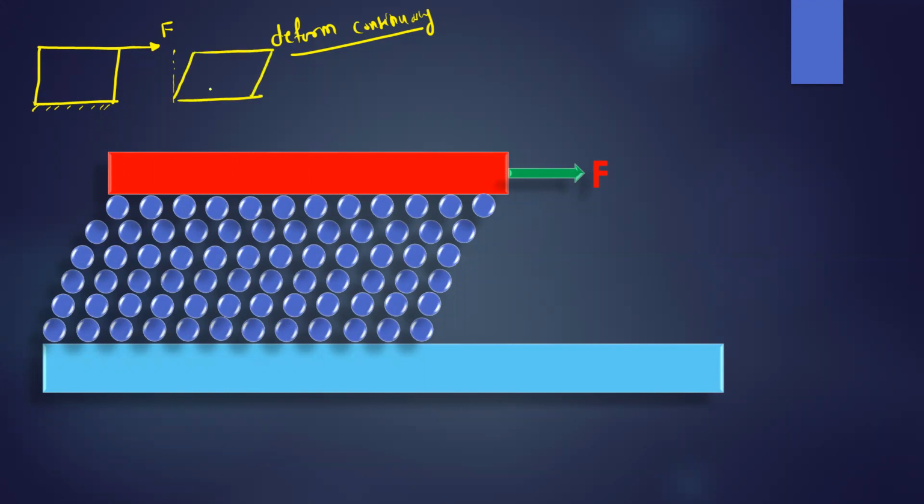Okay, and the solid will offer the maximum shear resistance. We can consider these are the different layers of the solid. Okay, so this shear resistance we write as tau is equal to applied force upon the shear area.